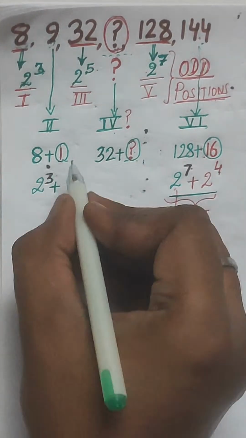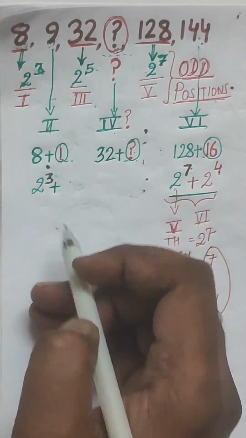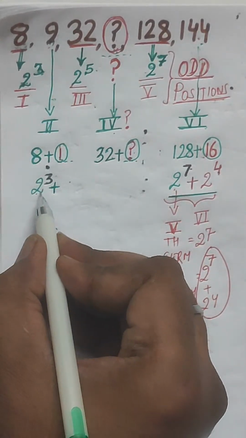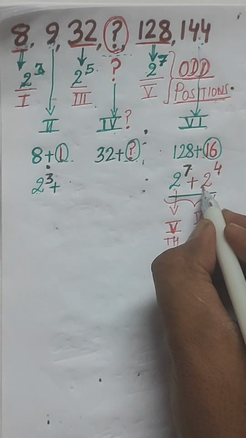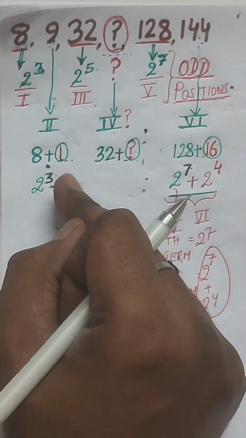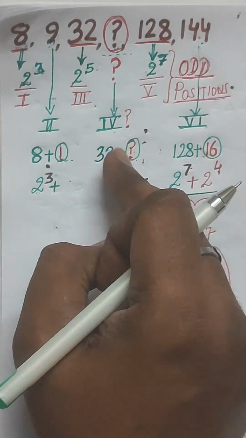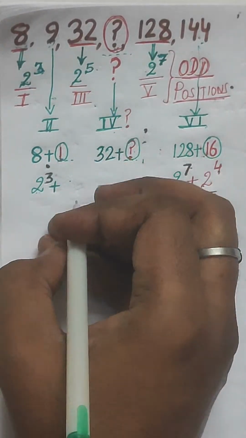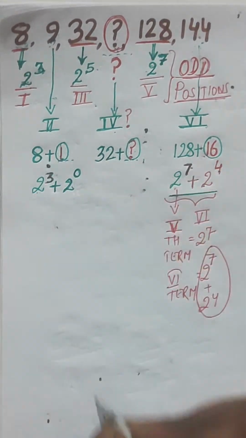So here, when you see the relation between the first and second, the first number is 2 power 3 plus 1. Let's think that a particular relation is followed between the first and second, fourth and third, and sixth and fifth. So 1 can be written as 2 power 0, isn't it?